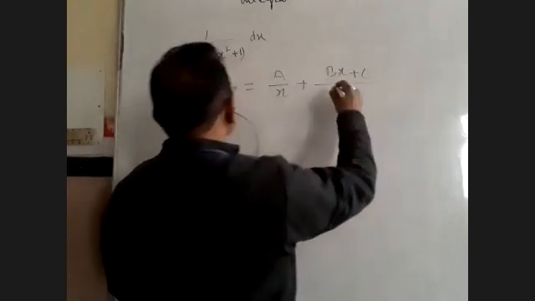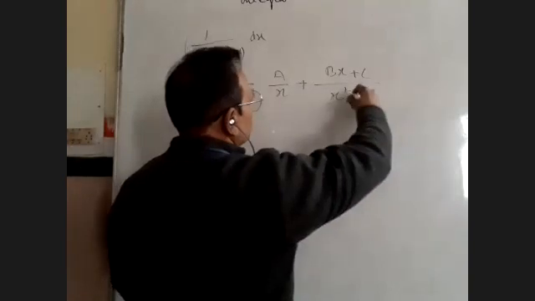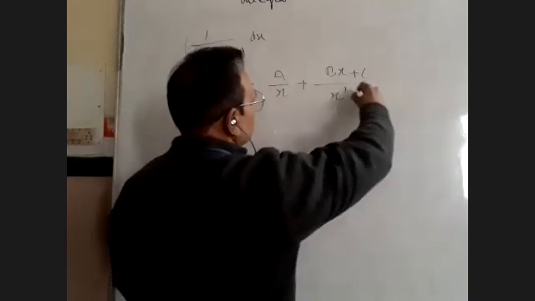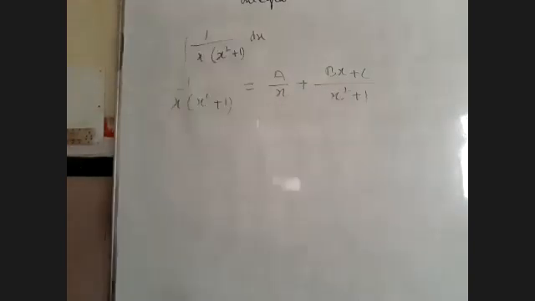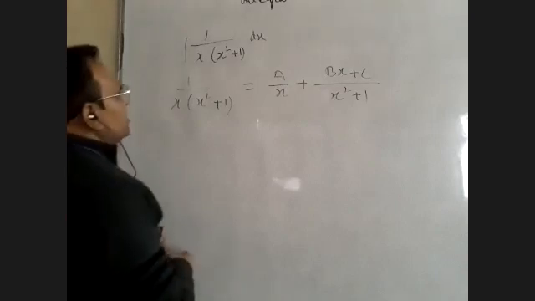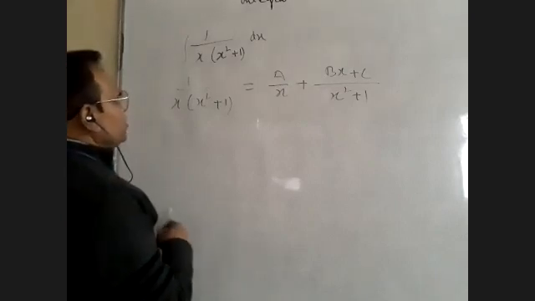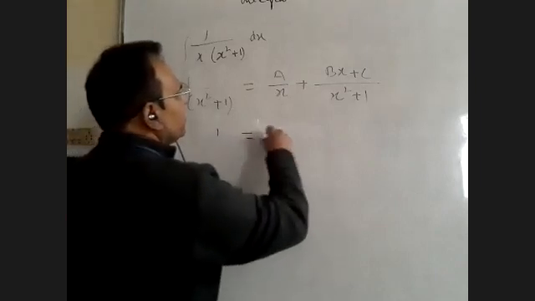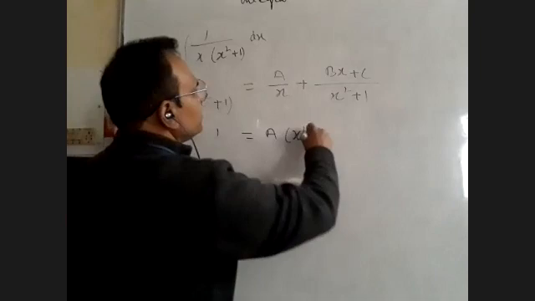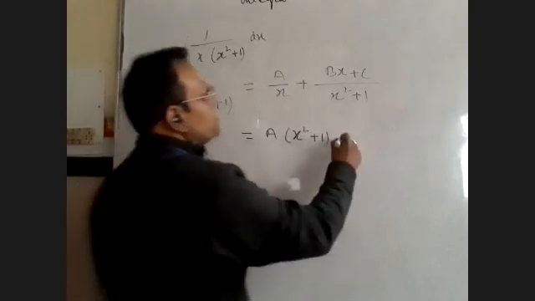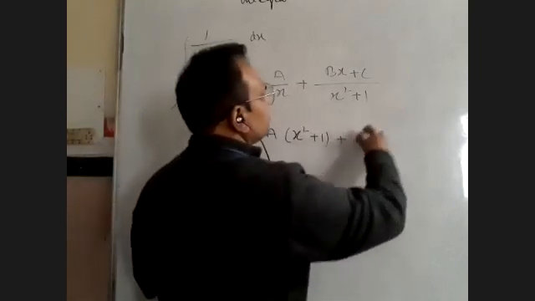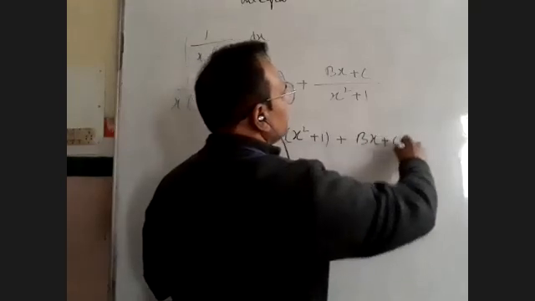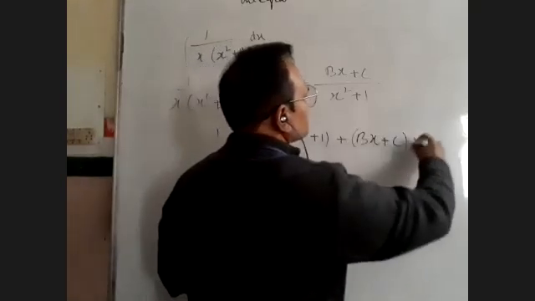So we have to convert this into partial fractions by taking LCM. On the left hand side we have only 1. On the right hand side you will write 1 equal to A into x square plus 1 plus Bx plus C into x.